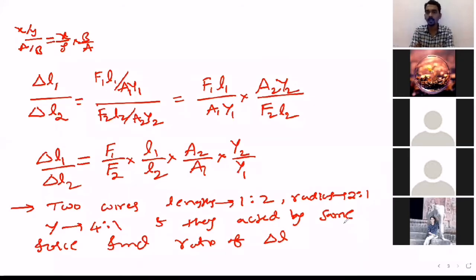Then they are asking to find the ratio of delta L. So let's see who will answer. Please do it and tell me the answer. Send me the answer, you can send it on WhatsApp. What is the answer?